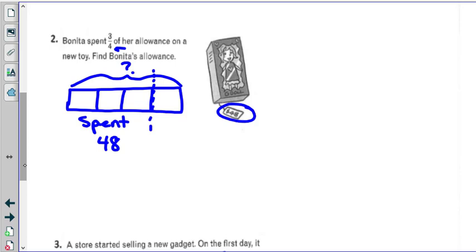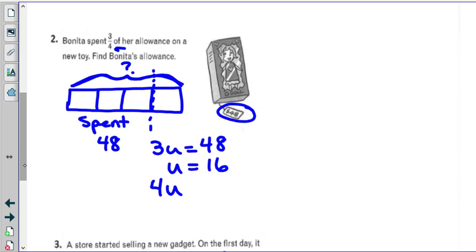Well, if 3 of those units equals the $48, the toy, then 1 of those units, 48 divided by 3, would give me 16. But we want to know how much she had all together. That was 4 units, her original picture. We're trying to find all of it.